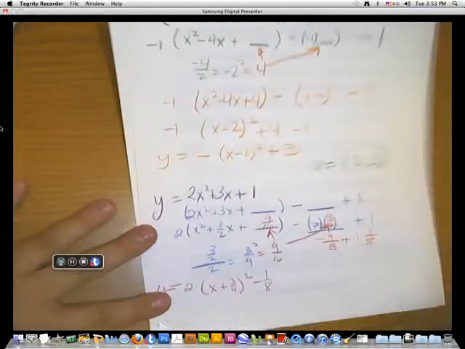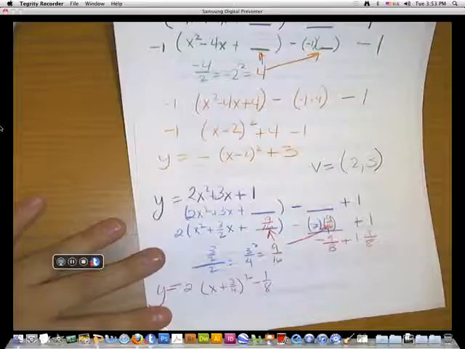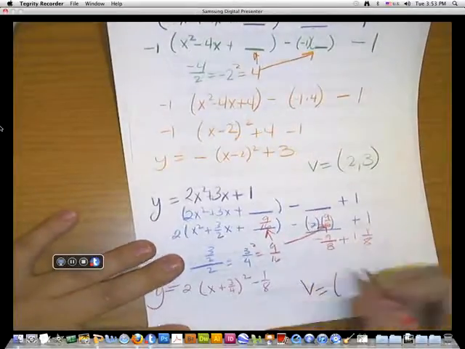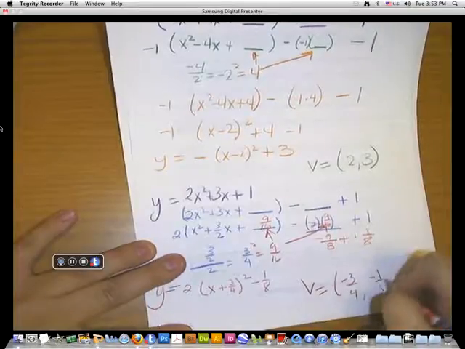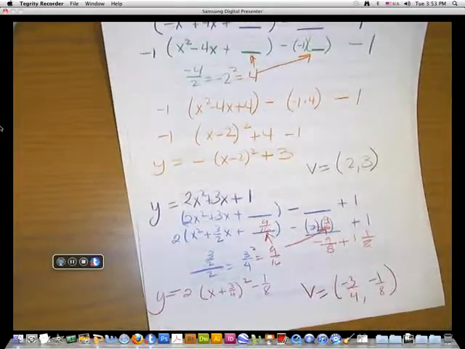And that's all the farther we can go. y equals 2(x plus 3/4) squared minus 1/8. So what's our vertex? Opposite sign and same sign. Negative 3/4 and negative 1/8. All right, again, these are the ones you're going to do on the last one, and it is the main reason that we complete the square.